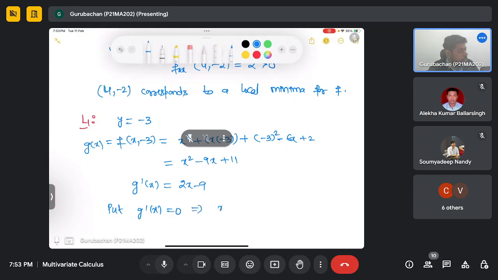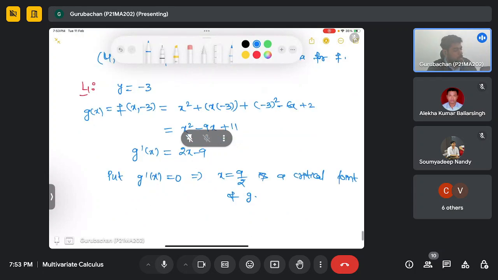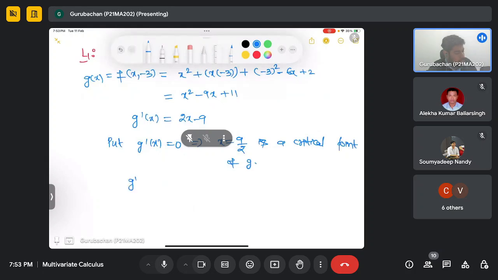This will give you x equal to 9 by 2 is the critical point of the function g. Now g double dash x is 2. That implies g double dash at 9 by 2 is nothing but 2, which is greater than 0.